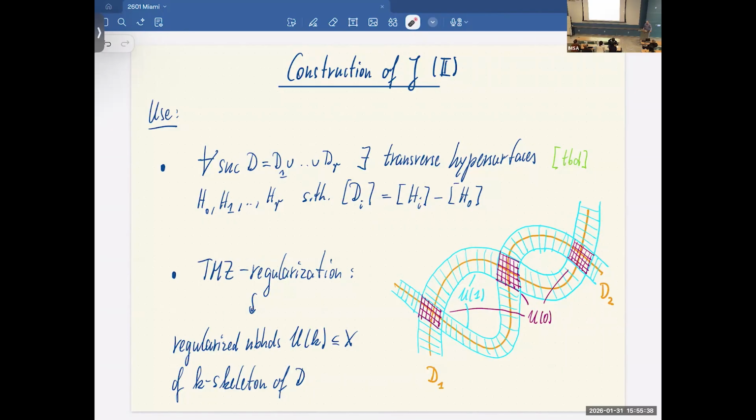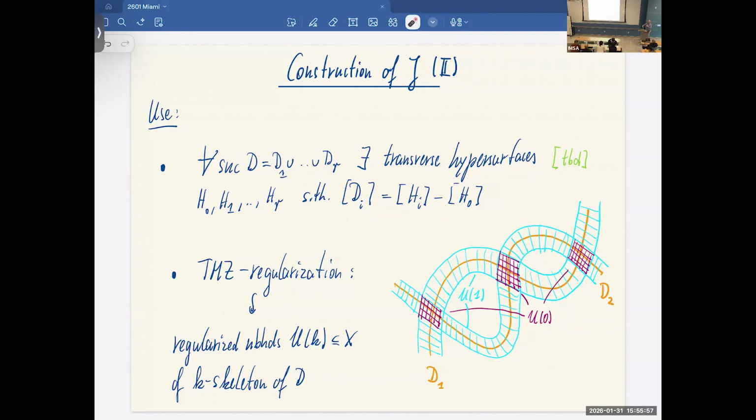And then the basic idea is simply that I write this normal bundle of D_i in X as L_X of H_i tensor L_X of H_0 dual. So that gives me a J-holomorphic structure on the normal bundle.